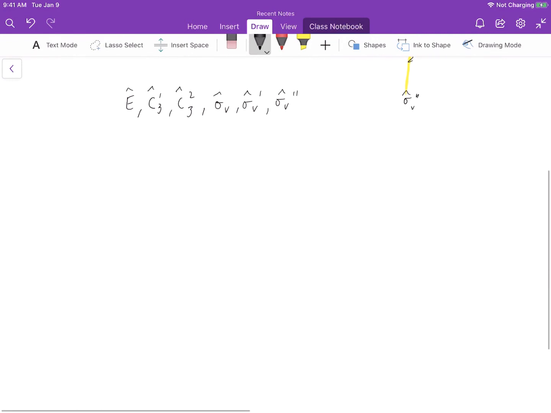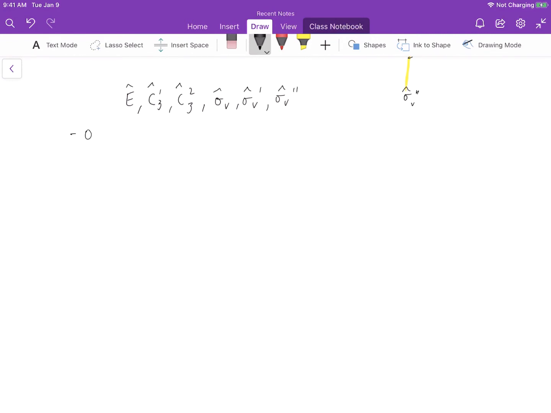And remember within this that our operators don't commute. So again, what this means is, remember in this notation, we always do whatever's to the right first. So BA does not equal AB.